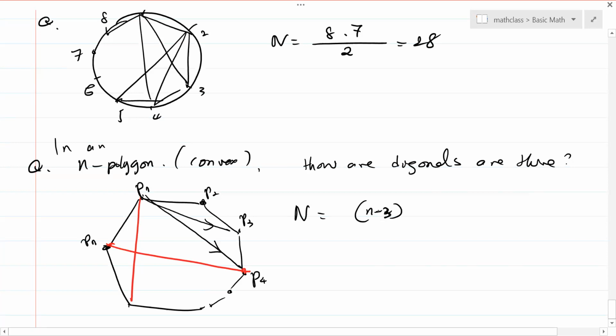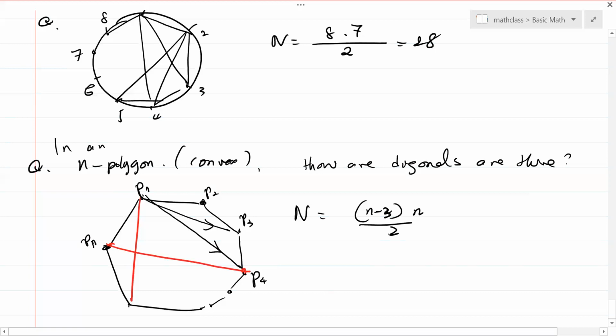Besides P2, P1, Pn, you have n minus 3 points. So from each point, you have n minus 3 diagonals. How many points are there? There are n points. Then each diagonal will be double counted, so divide by 2.